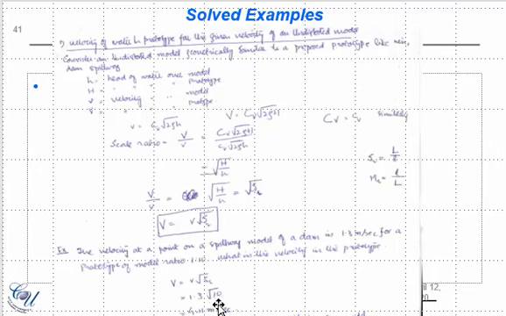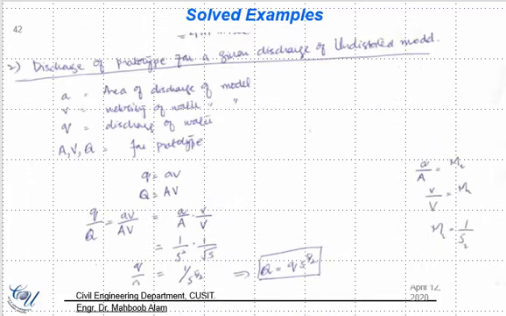Scale ratio is given as 10, so the answer is 4.11 meters per second. So if in the model the velocity is 1.3 meters per second, then in the prototype the velocity would be 4.11 meters per second, given that the scale ratio is 1 to 10. Very simple. It's easier than the numericals of physics that you have done maybe in class 7 or class 8, so there shouldn't be any problem here.